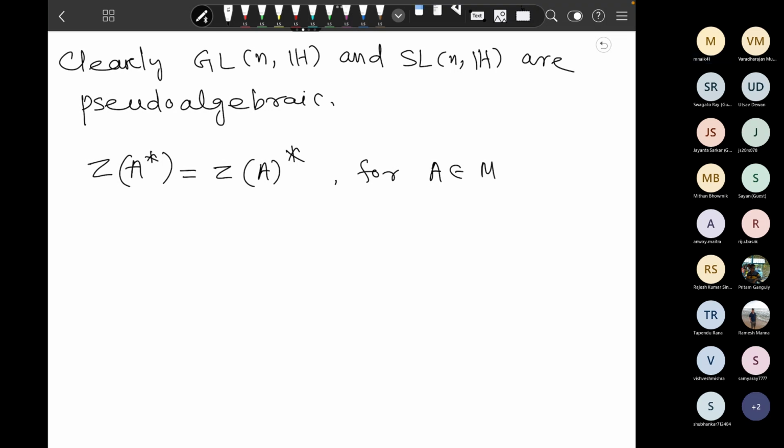this is equivalent to saying that in any picture, quaternion or complex, if you can show that the group is closed under conjugate transpose, then you are done because of this relation.